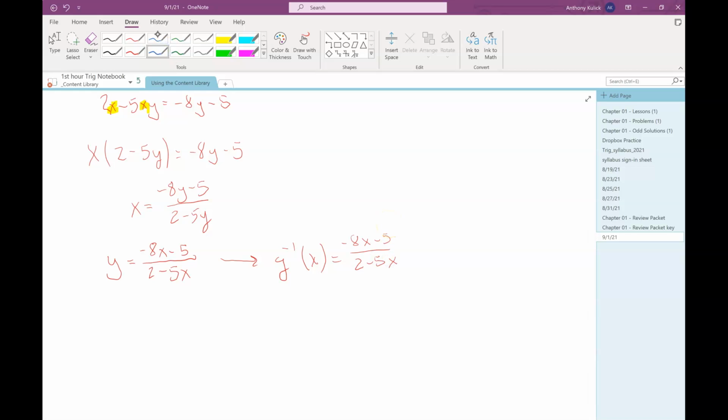And this is probably not the way that I would leave my final answer, because I noticed that if I just multiply the top and bottom by a -1, I'll go from having a problem where I have 3 negative signs in it to a problem with 1 negative sign in it.